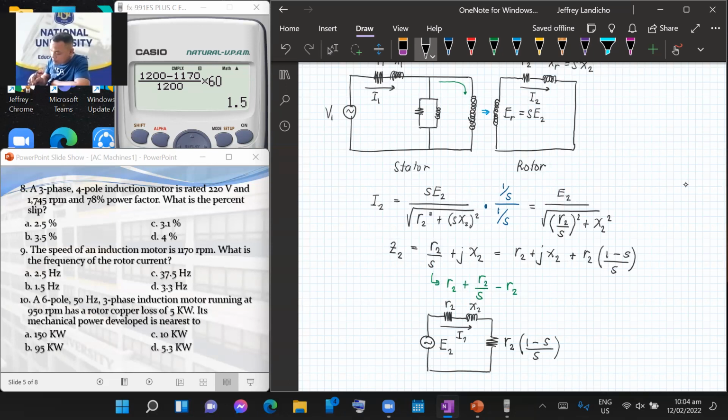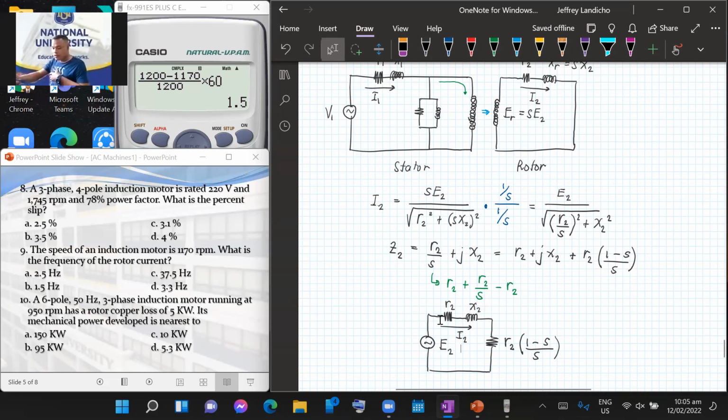So that is I2. So ito siya ngayon. The power available here is your RPI. So makikita mo lang si RPI, it is equal to E2 times I2 multiplied the power factor at the stator. So that is your RPI.